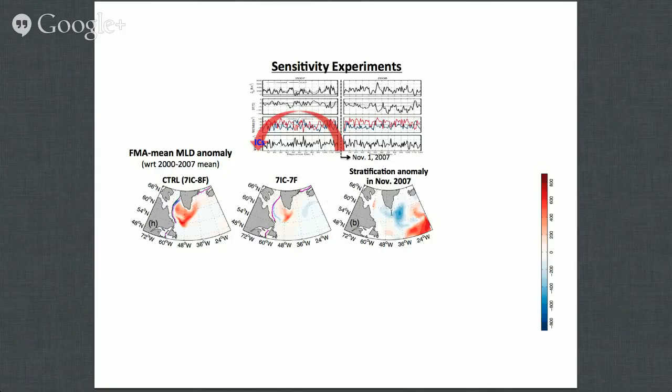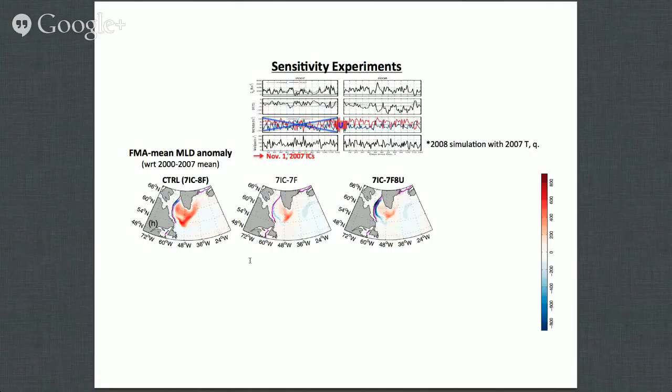Actually, there is a weak stratification prior to the 2008 convection season in the northern or eastern Labrador Sea, which I think is related to this anomaly here. But the strongest anomaly is located in the southwestern Labrador Sea, so this is not related to oceanic preconditioning.